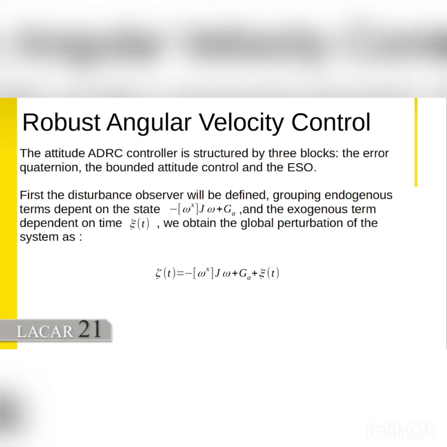Then we obtain the global perturbation of the system, and we could condense it all in the following equation. In this equation, we have again the inertia in the inertial matrix, the gyroscopic, and the perturbance.